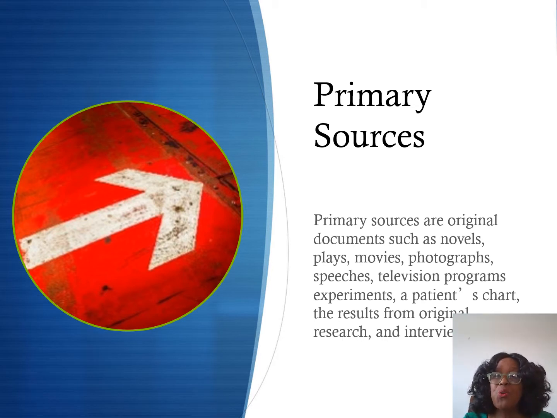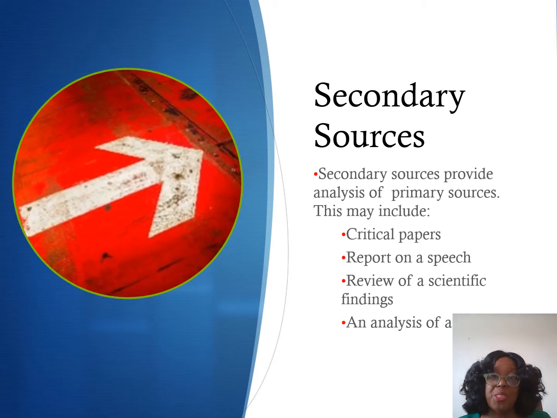You will also have secondary sources. Now, secondary sources provide an analysis of the primary sources. This may include a critical paper, a report on a speech, a review of a scientific finding, or an analysis of a patient's chart.